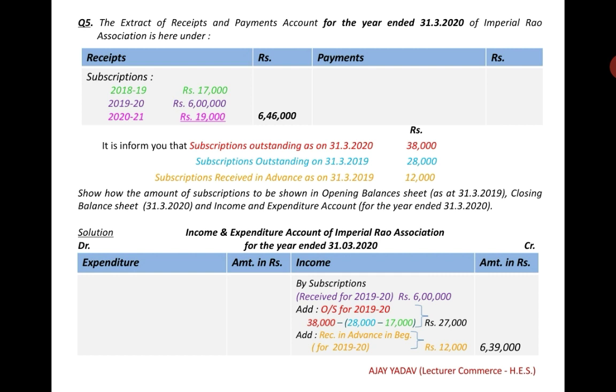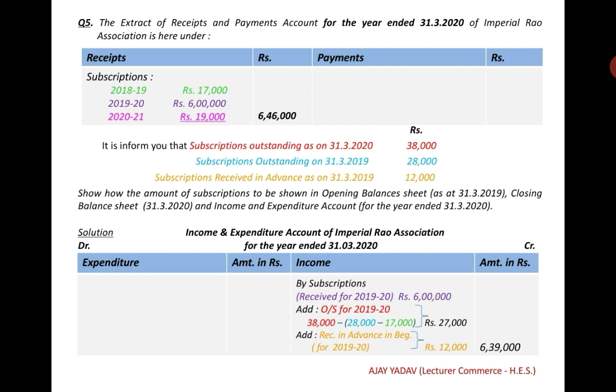We will deduct the outstanding amount for the previous year, 11,000, from the 38,000, so the outstanding subscription for 2019-20 is rupees 27,000.